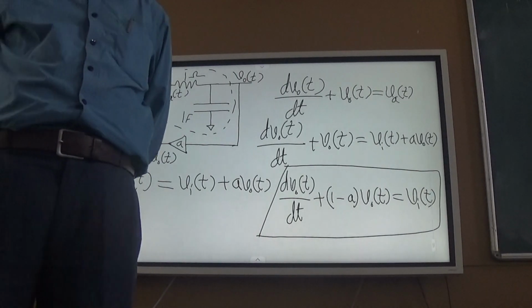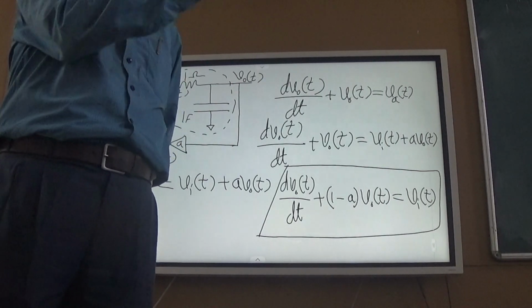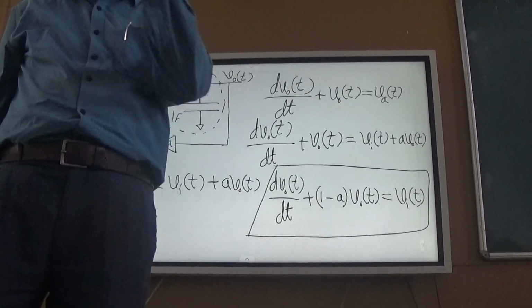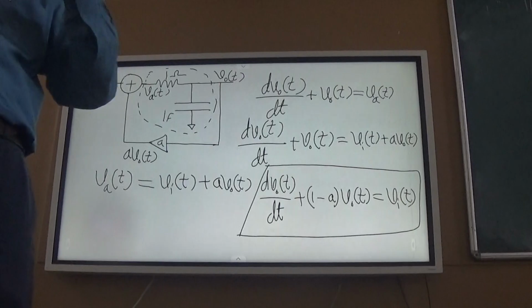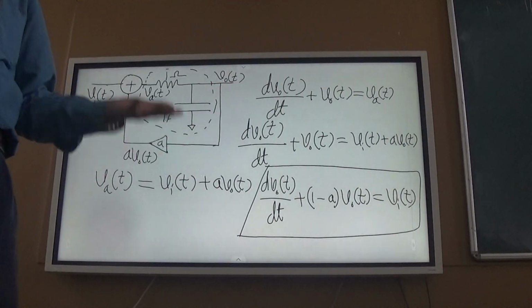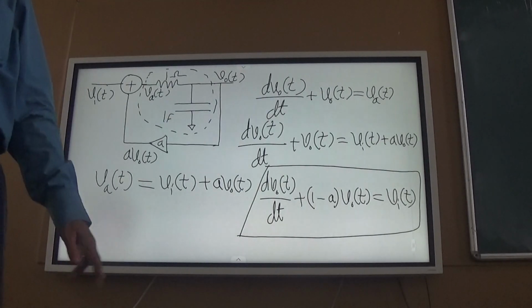If A is 2, dVot by dt minus Vot is equal to Vin t. So a single constant A leads to multiple coefficients and multiple differential equations where we may get many answers. Is it okay?